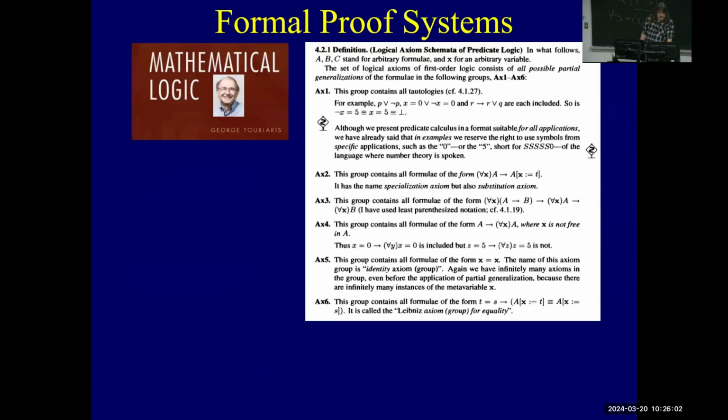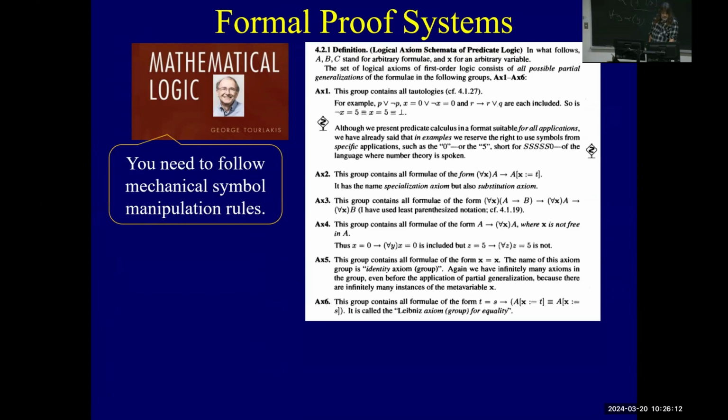All right. So I think these are the axioms that George puts in his book, and they're all reasonable statements. And he emphasizes you don't need to have intuition, right?